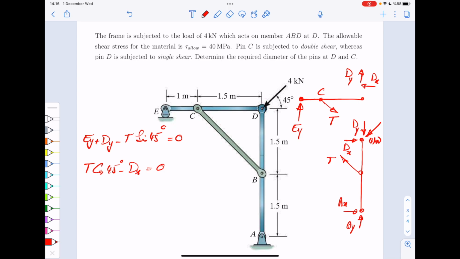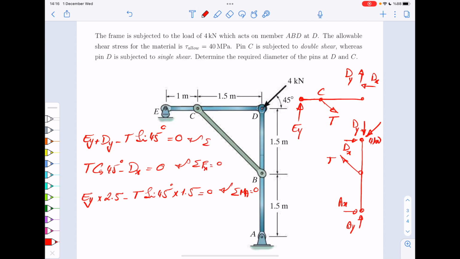Then for the other one, you can write EY times 2.5 minus T sine 45 times 1.5 is 0. So this is basically your equilibrium of moments with respect to A. This is equilibrium of forces in x direction for the upper member. This is equilibrium of forces in the y direction for the upper member.